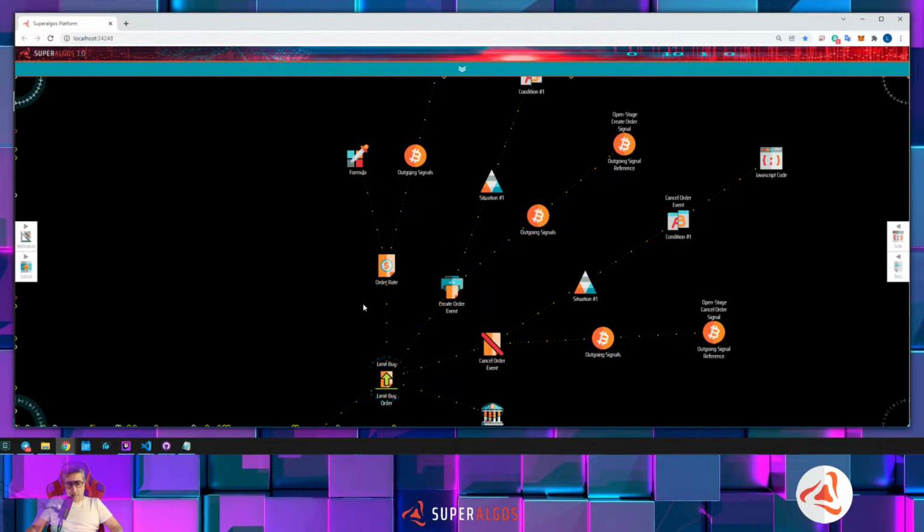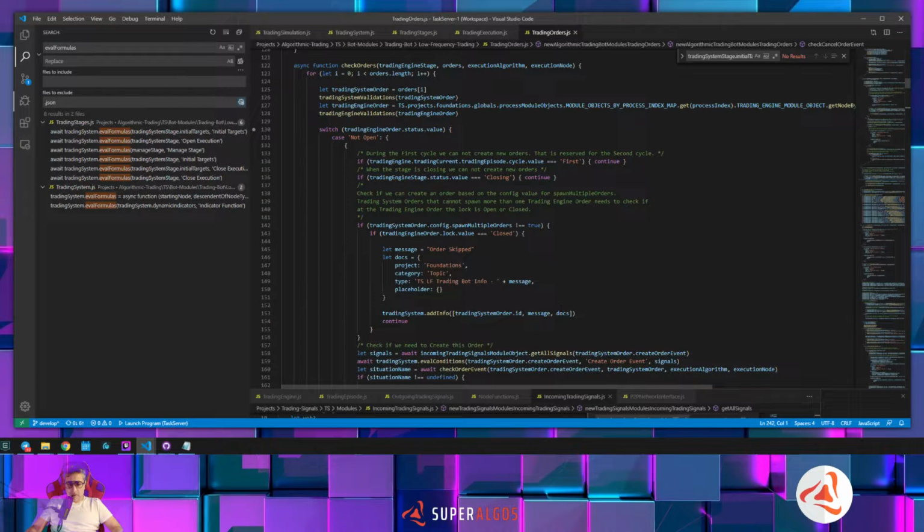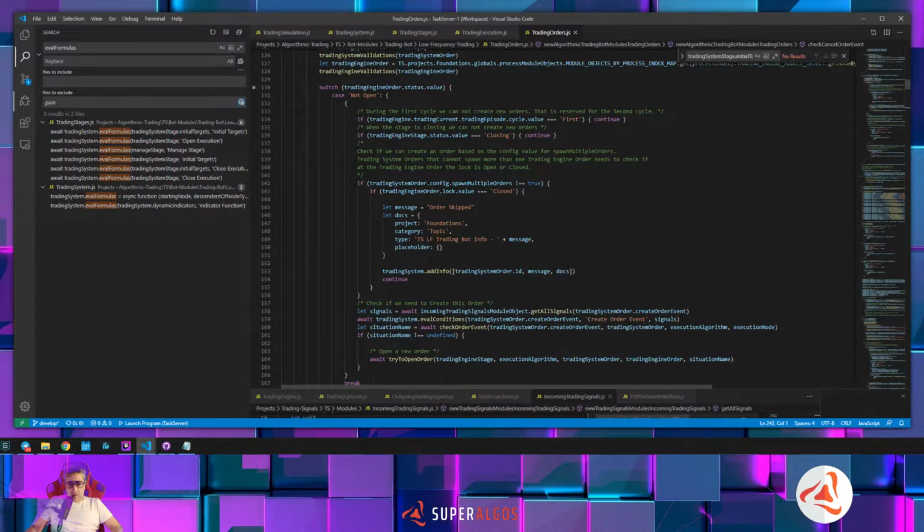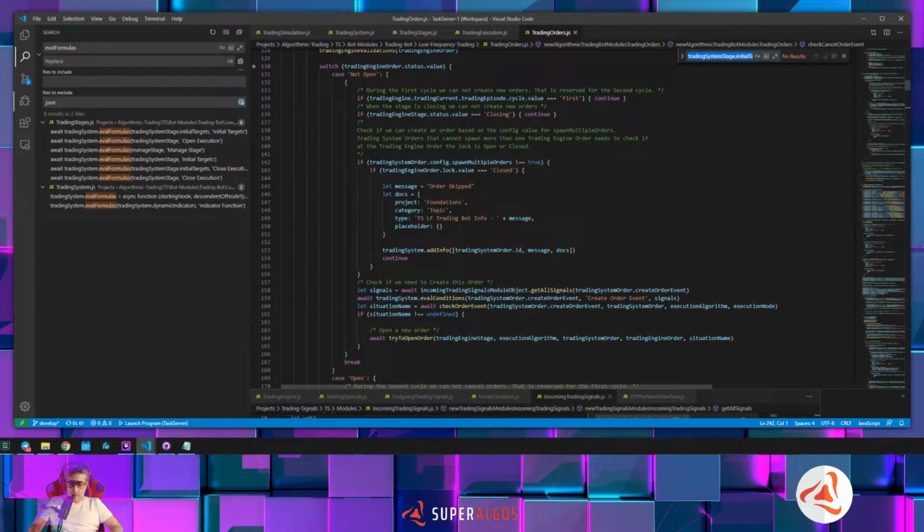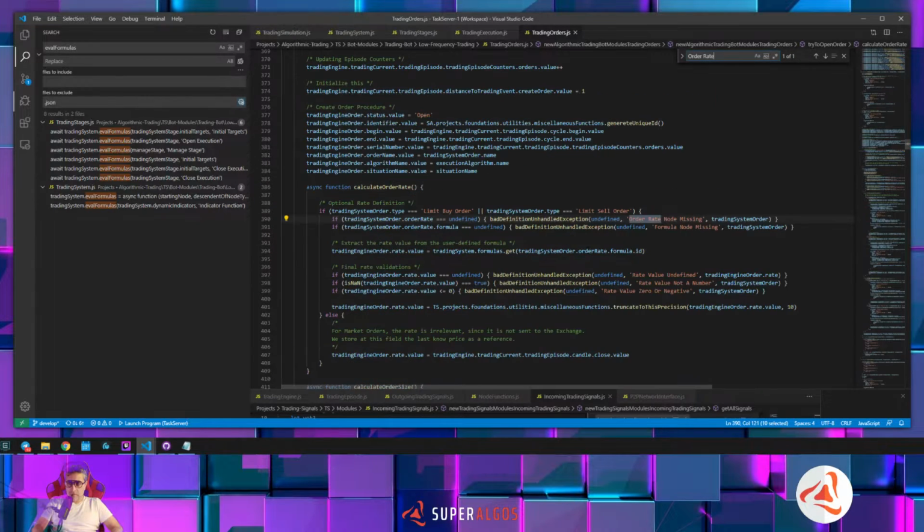So we should take that into account. The order rate calculate. Okay, and here we have a function to calculate the order rate that is pretty much what we were looking for.